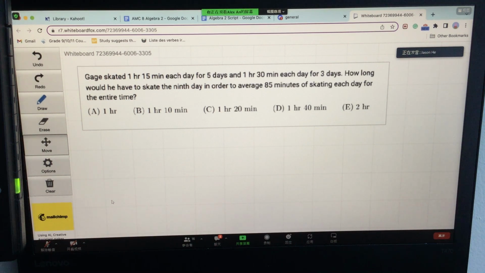Okay, I'll now start explaining the question. So we know that for 5 days she skated 1 hour and 15 minutes, which is equal to 75 minutes. So that will be 75 times 5 minutes. And 1 hour and 30 minutes, which is 90 minutes for 3 days.